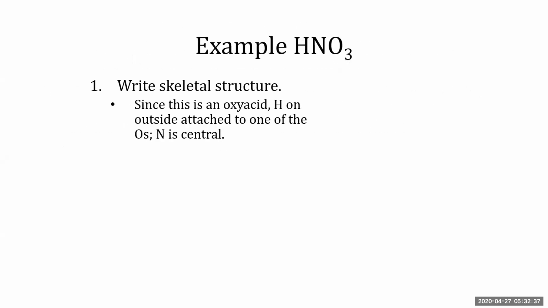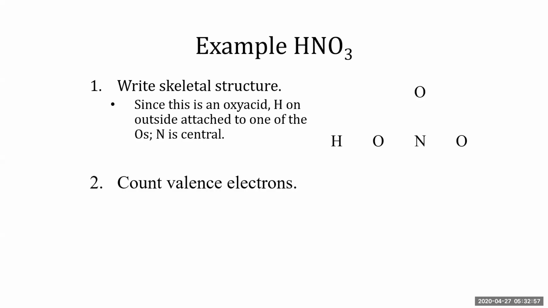An example is HNO3. Write the skeletal structure where N and O are the center atoms. Count the valence electrons, which is 24 electrons.